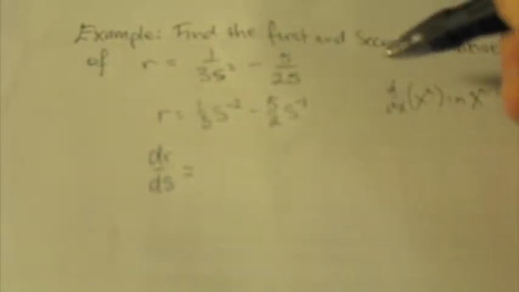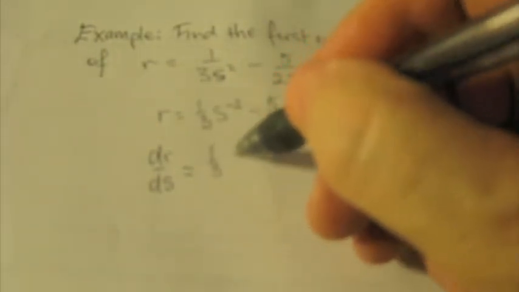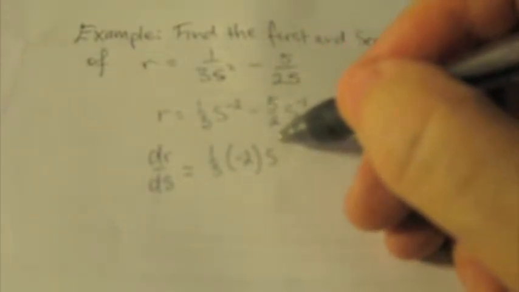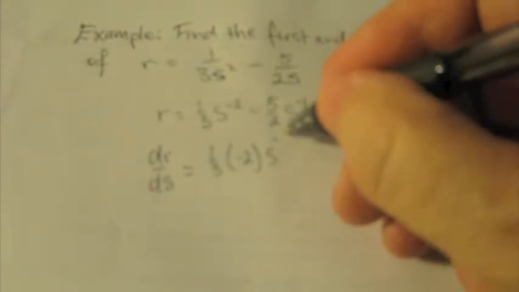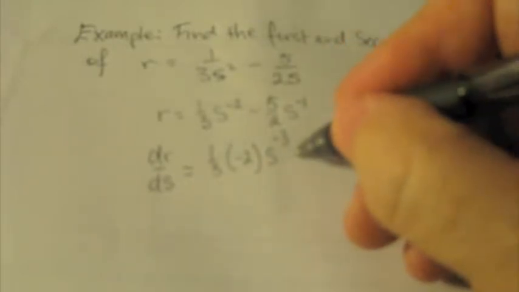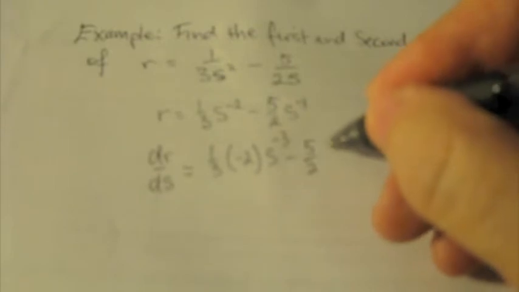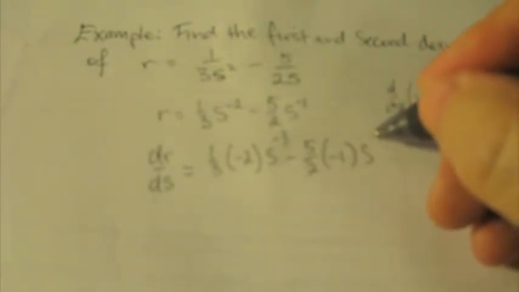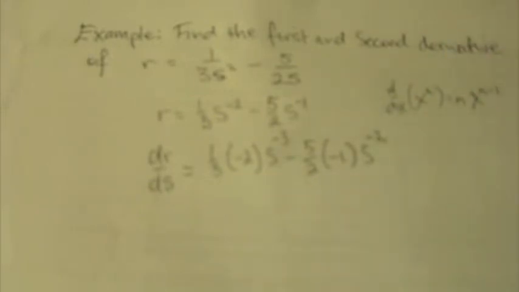For the first derivative we'll have dr on ds is going to be equal to 1/3, bring the negative 2 down, s, take 1 off of the power or exponent, negative 2 subtract 1 is negative 3, minus 5 on 2, bring the negative 1 down, s, negative 1 subtract 1 would be negative 2.